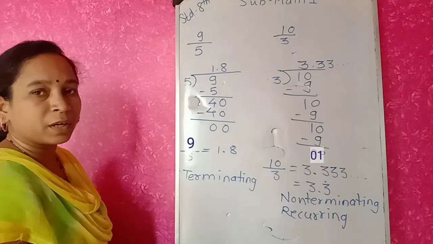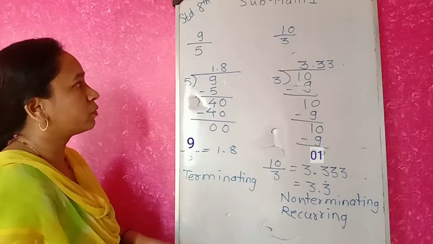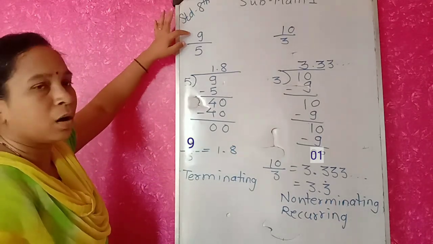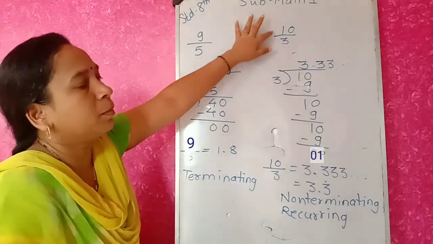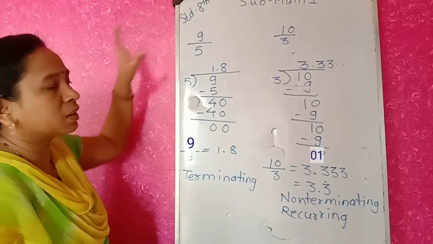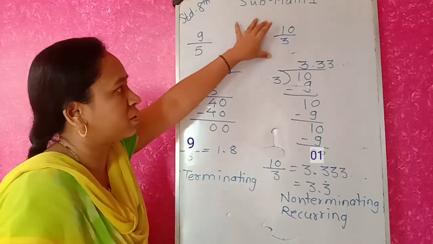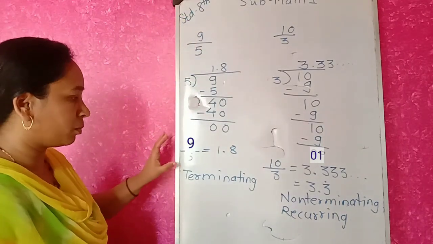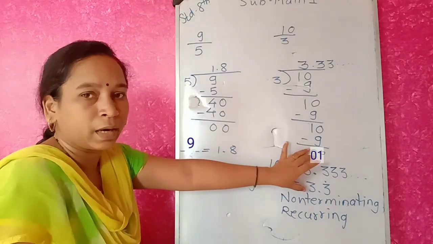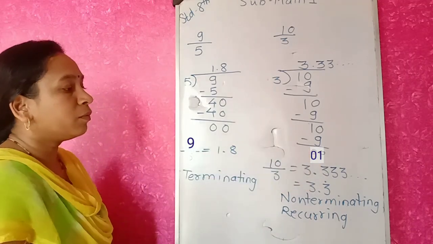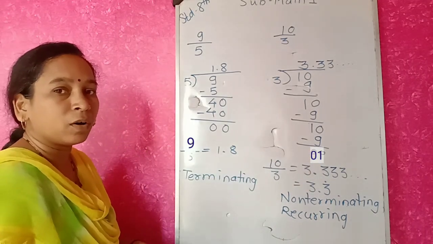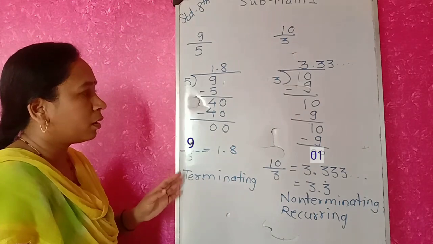Now as per the definition of rational numbers, any number of the form P upon Q, a fraction, is a rational number. So these two are rational numbers, and these answers are also rational numbers. So here we get one more definition of rational numbers.